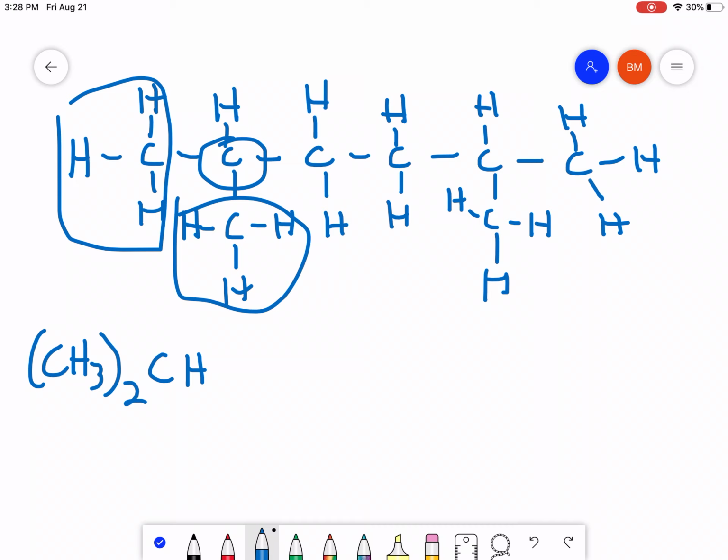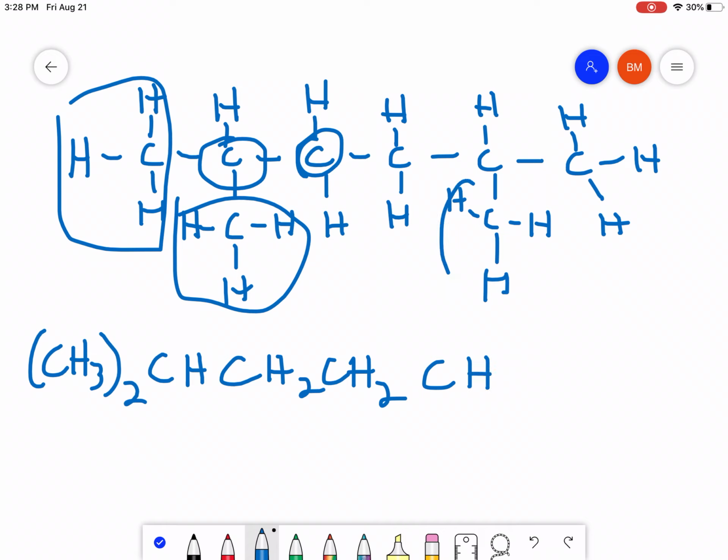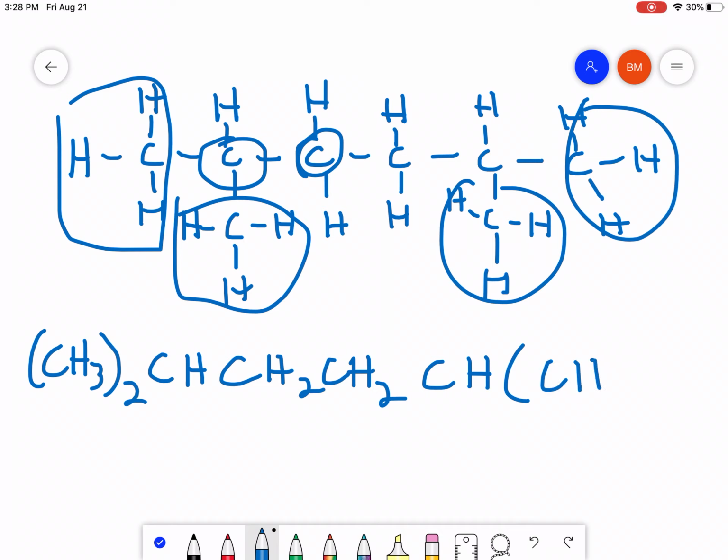That CH is then attached to another carbon right over here, right? We have CH2, and then another CH2, and then we have a CH that again has 2 different CH3 groups attached to it, so it looks like that. Right?